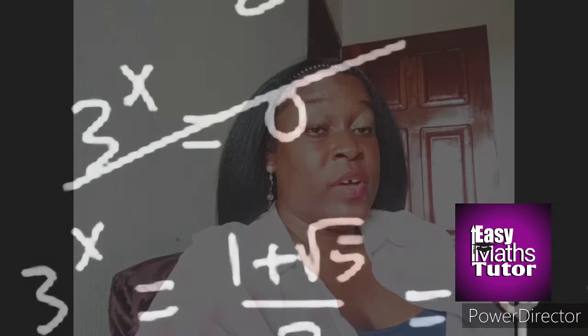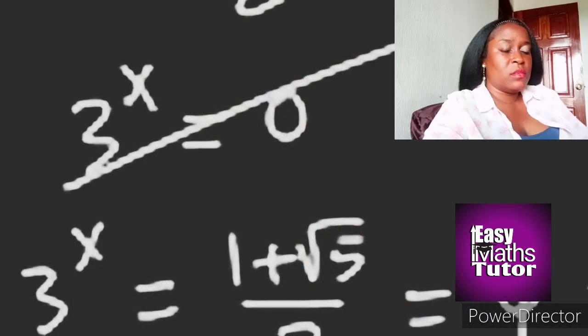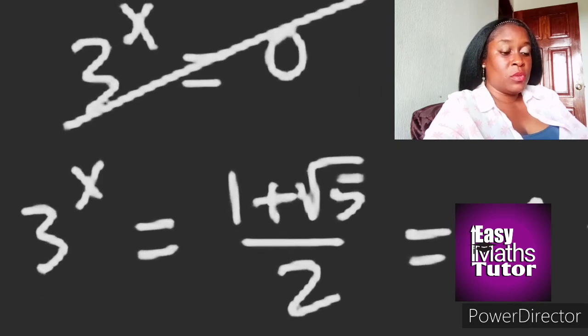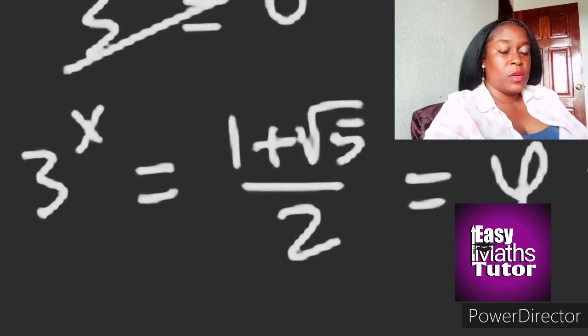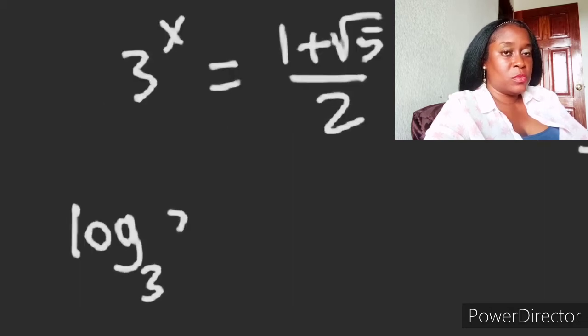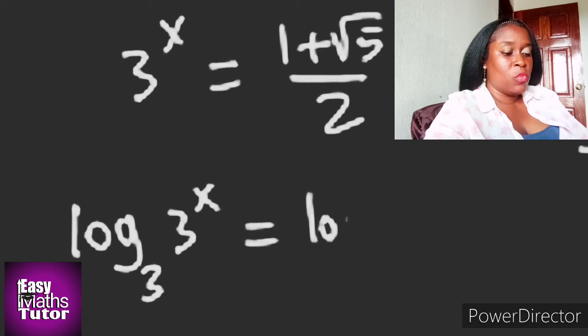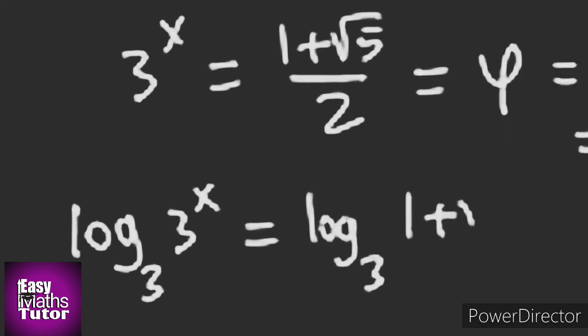first of all, we will find the log of both sides. Remember, m is equal to 3 raised to the power x and also equal to 1 plus root 5 over 2. We are going to find the log to base 3 on both sides, giving us log base 3 of 3 raised to the power x equal to log base 3 of 1 plus root 5 over 2.